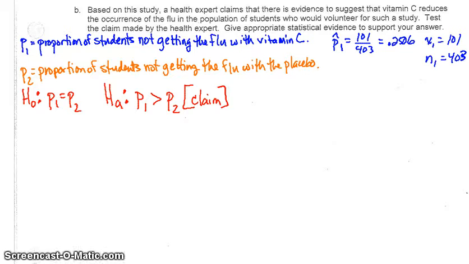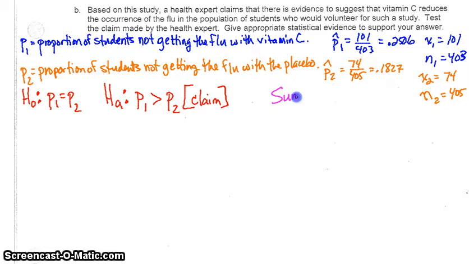Then we also have our p hat sub 2, which is equal to 74 over 405, which is 0.1827, and our x sub 2 is of course 74, and our n sub 2 is 405. So that's our overall individual for each proportion, and then let's look at our combined summary stats.